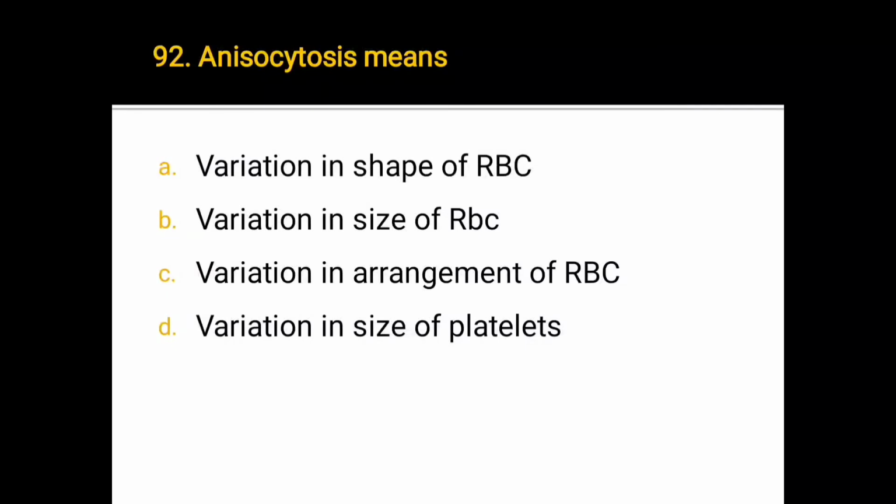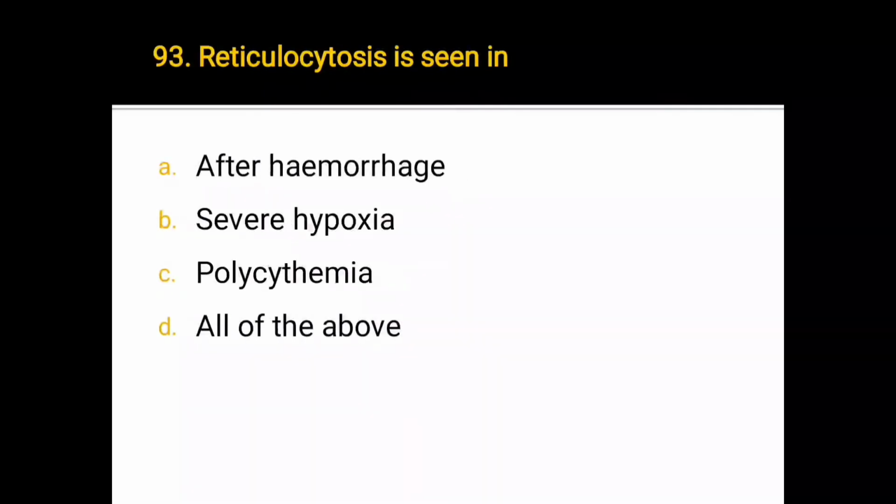Correct answer B. Variation in size of RBC. Reticulocytosis is seen in A. After hemorrhage, B. Severe hypoxia, C. Polycythemia, D. All of the above. Correct answer D. All of the above.